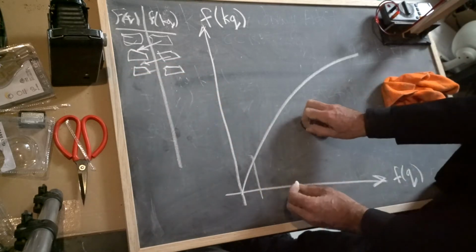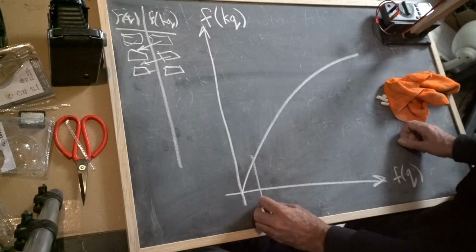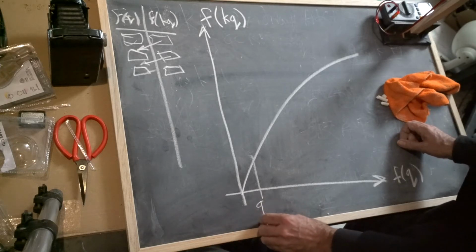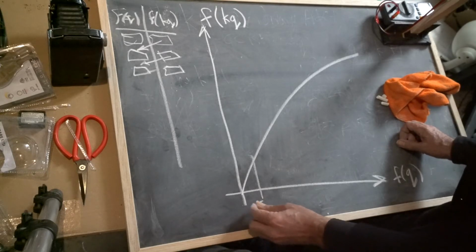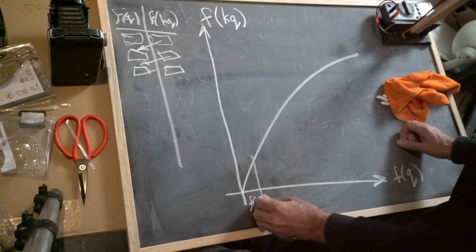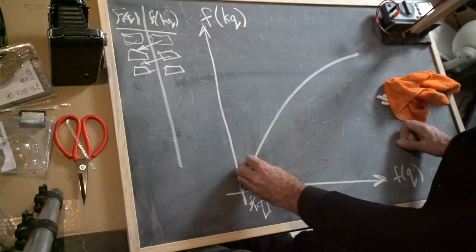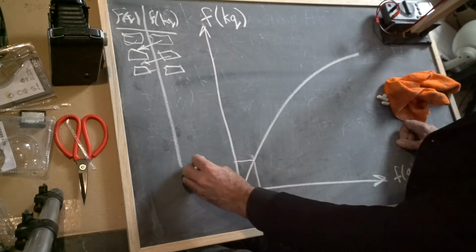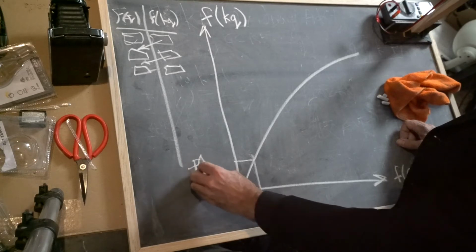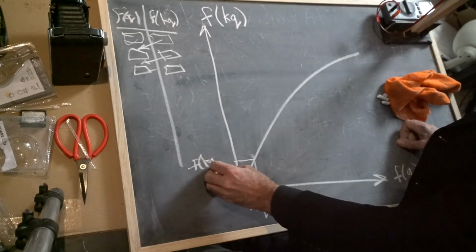And so if we think of what's going on here, if this is some quantity q0, say this is f of q0, and then over here we've got f of k times q0.